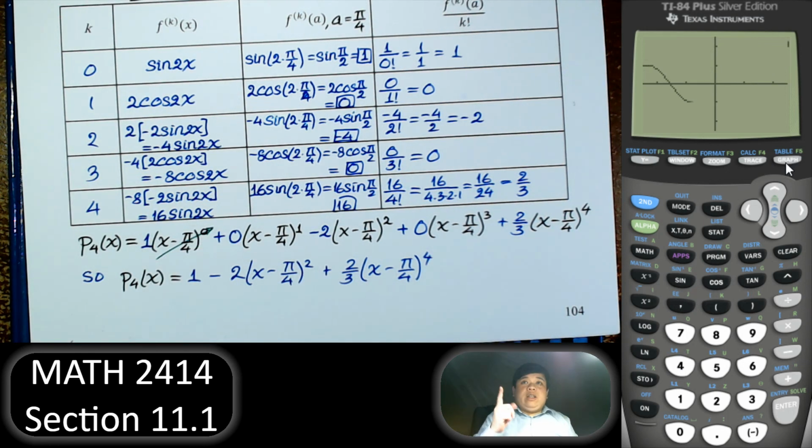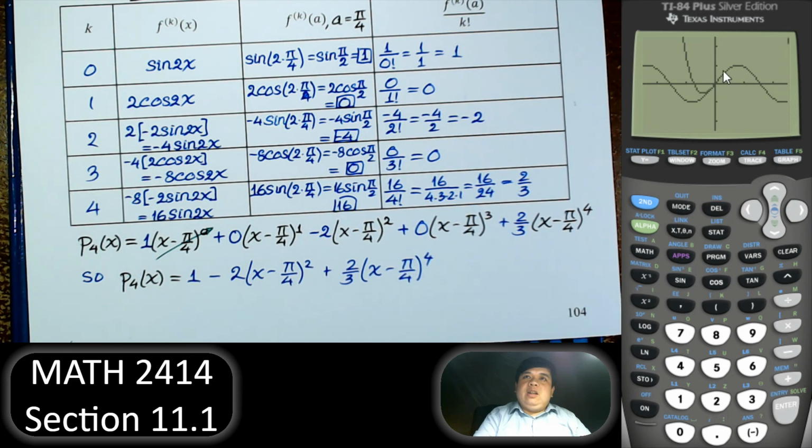So we have sine of 2x, which looks like that. Now pi over 4, I guess, is around here. What is pi over 4? Pi is 3.14 divided by 4, so it's around here. So the approximation will be very good.